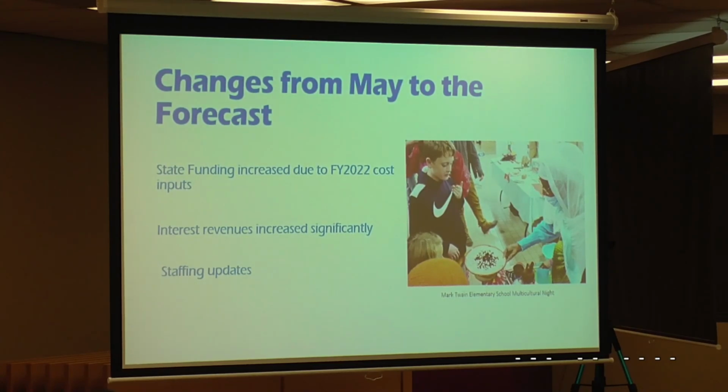They updated that to fiscal year 2022. Now, just to remind everybody, we are in fiscal year 2024, so we're still 2 years behind on actual costs for operations. Interest rates have continued to increase, and then we've also updated staffing numbers to account for some plans for special education in the future.